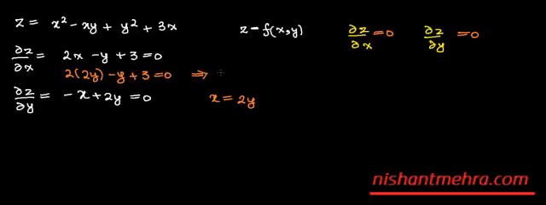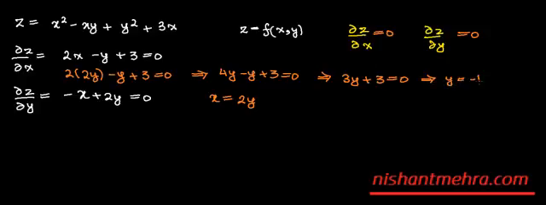This will give you 4y minus y plus 3 equal to 0, which will fetch you 3y plus 3 equal to 0, which will give you y equal to minus 1. Now if y is equal to minus 1, you can substitute it back into x equals 2y. So x would be equal to 2 into minus 1, which is x equals minus 2.